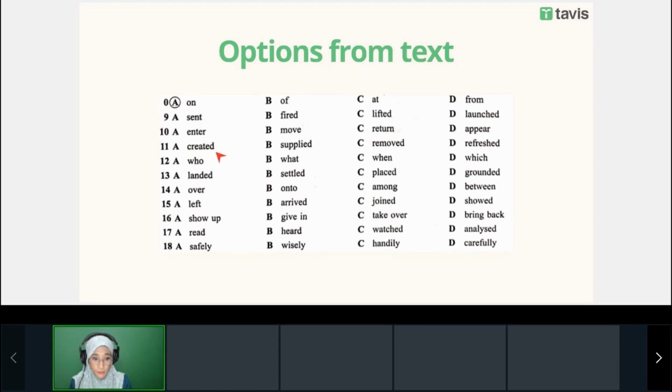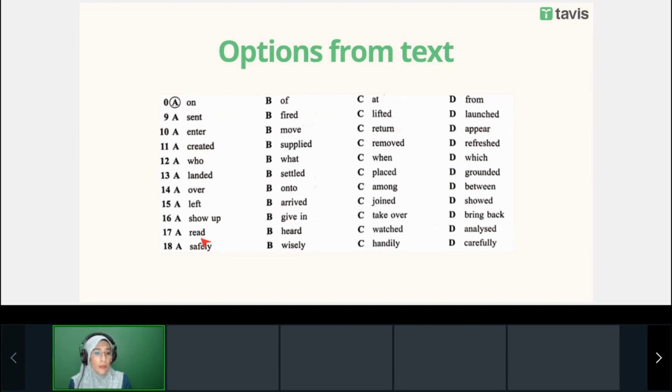Created, supplied, verbs too. Now who, what, these are all question words or relative pronouns. Like who and which are considered relative pronouns. And then landed, settled, verbs. Over, onto, among, these can be conjunctions. Left, arrived, showed up, gave in, take over. These are all phrasal verbs.